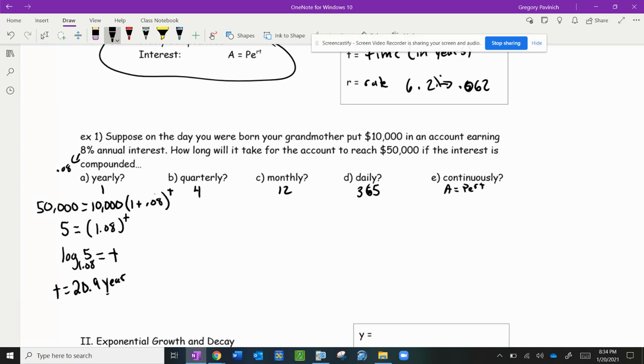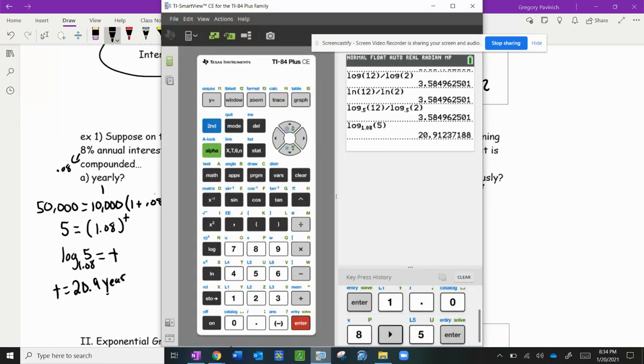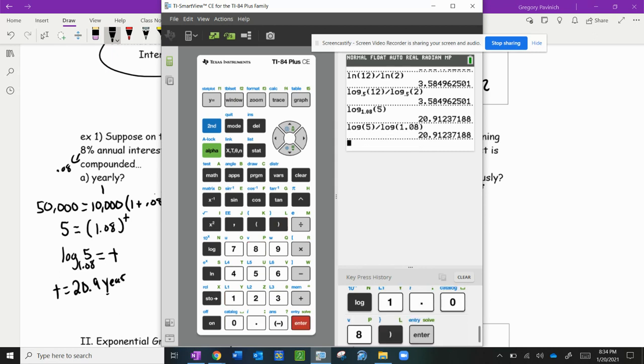Remember, say you don't have this updated version of a calculator, maybe you're on a TI-83. You can also use the log or natural log buttons. I can say log of the input amount, 5, and divide it by log of the base, another log base 10, and that will get you the same amount.